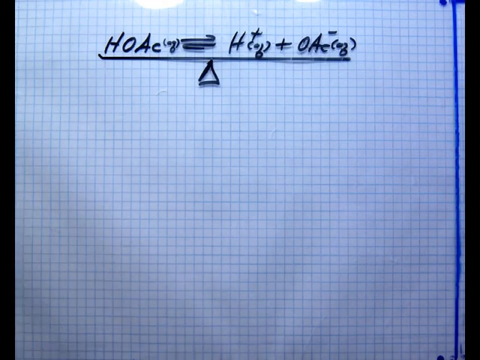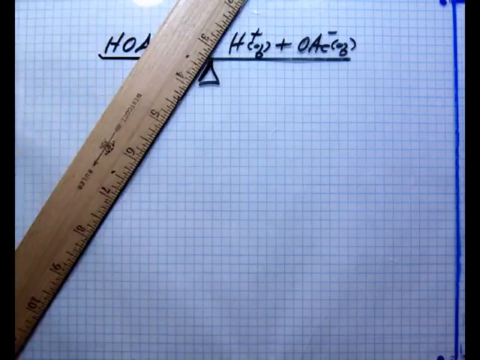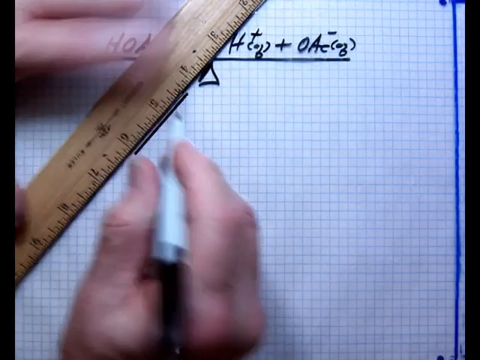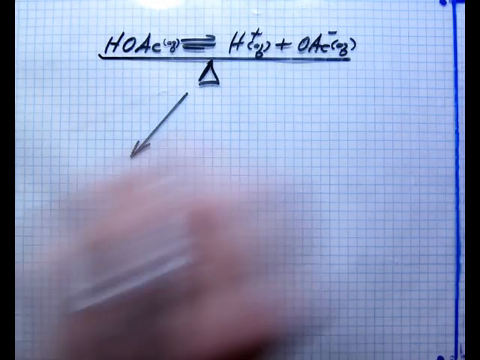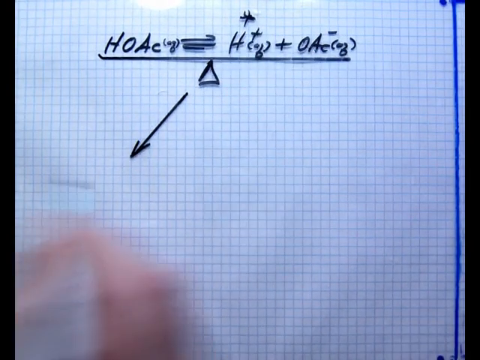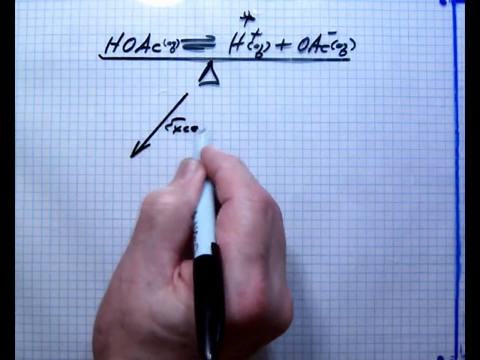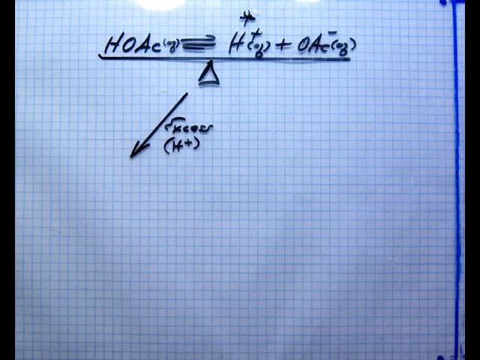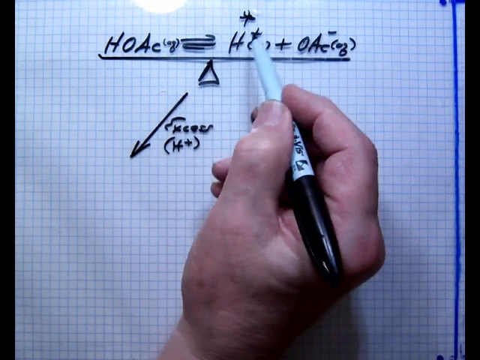So let's just start with excess hydrogen. Let's say somebody brings in some excess hydrogen. In this case, let's put it right over here. You're adding some excess H plus, throwing in some hydrochloric acid or something. Well, it's going to load up on this side of the seesaw.